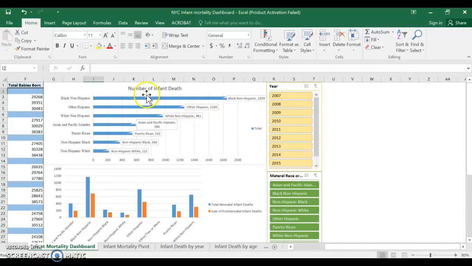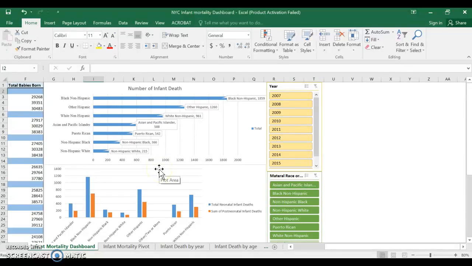Infants whose maternal race was black non-Hispanic encountered the highest number of deaths in this 10-year period: 1,859 infants died of that specific race, as opposed to 215 for infants whose maternal race was non-Hispanic white.